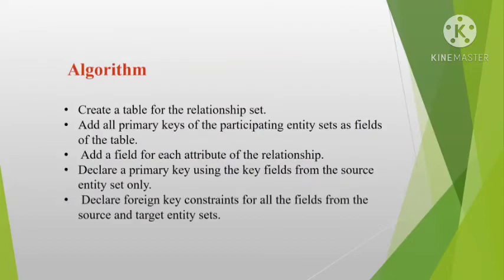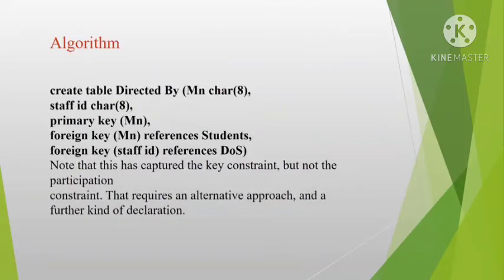Then the algorithm: create a table for the relationship set, add all the primary keys of the participating entity sets as fields, then add a field for each attribute of the relationship, declare a primary key using the key field from the source entity set only, and declare foreign key constraints for all the fields from the source and target entity sets. This is some SQL code. The captured key constraints are not the participation constraints. They require an alternative approach.